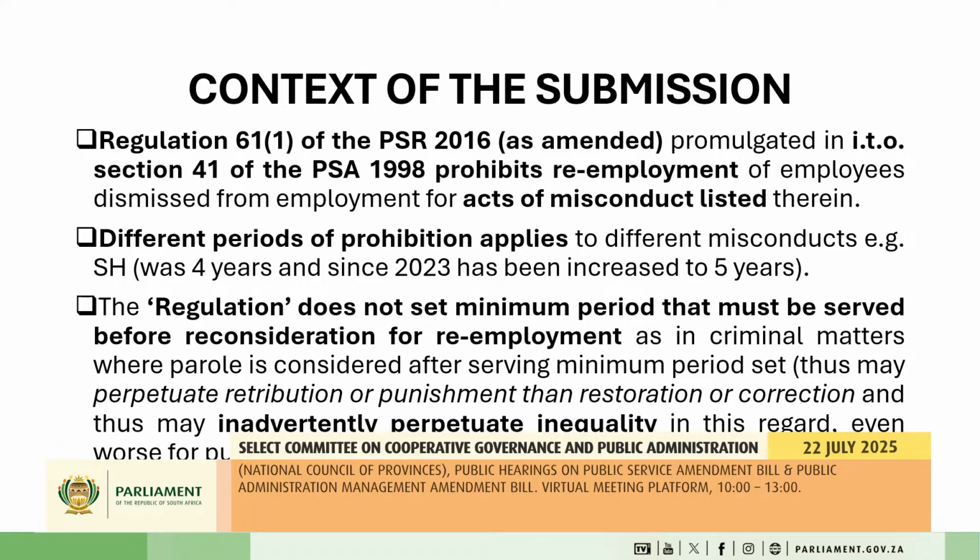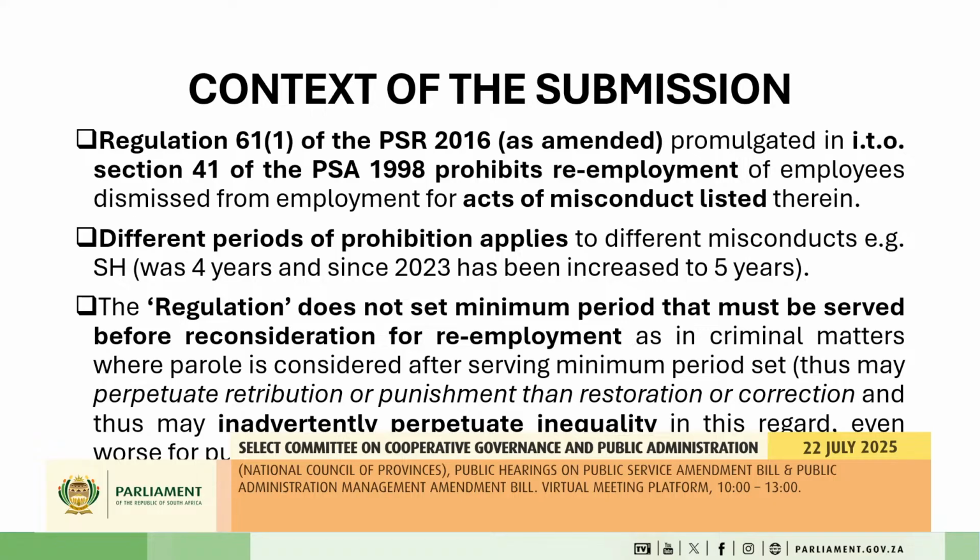So in that regulation, it does talk to different periods of prohibition that apply to different misconducts. Like if one were to look at financial misconducts, or sexual harassment, of which, when I made the submission earlier on in 2020, it was 4 years.